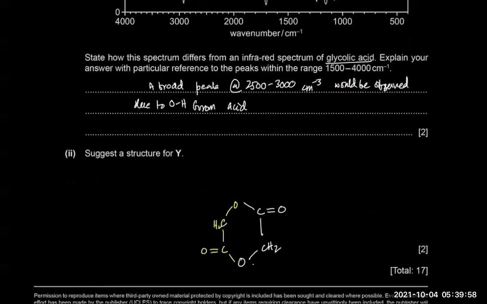So you have a peak at approximately 3200 to 3600 wave numbers for OH from alcohol.